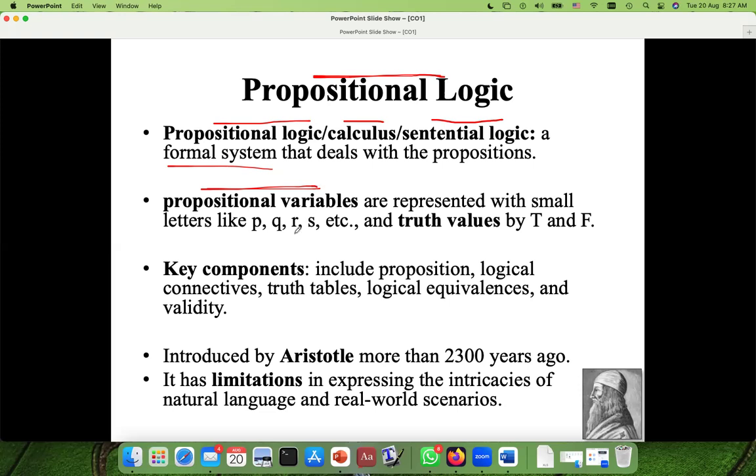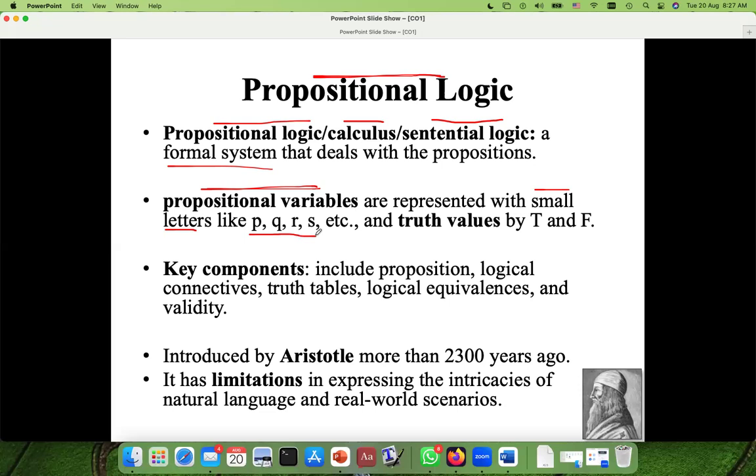But you have to use small letters, not capital letters, because capital letters are reserved for predicates, which you will understand in future. So if you are going to use a variable for the proposition, then you have to use these small letters: a, b, c, d, p, q, r, s, t, etc. And the value of the proposition can be true or false, you already know.